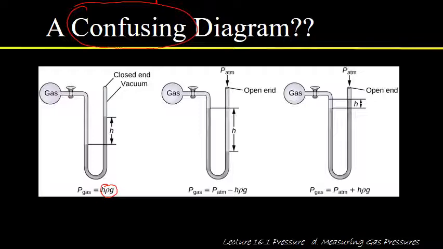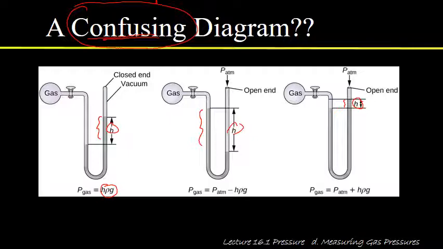And this H times rho times g refers to this column of mercury here, or this column of mercury here, or this column of mercury here, whatever corresponds to that height. But going back to this, I'm going to show you a way to avoid using this. I don't think you should use this diagram at all.